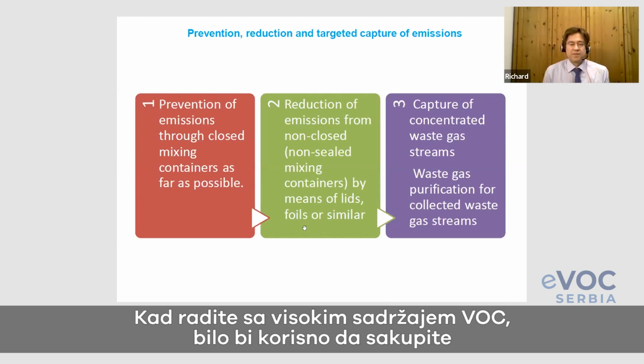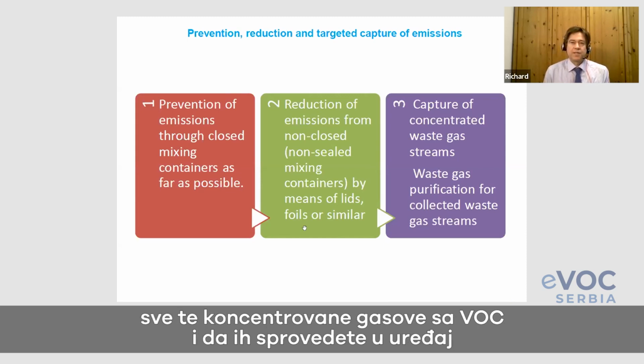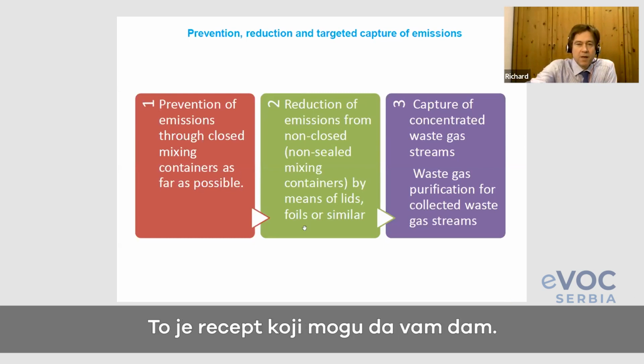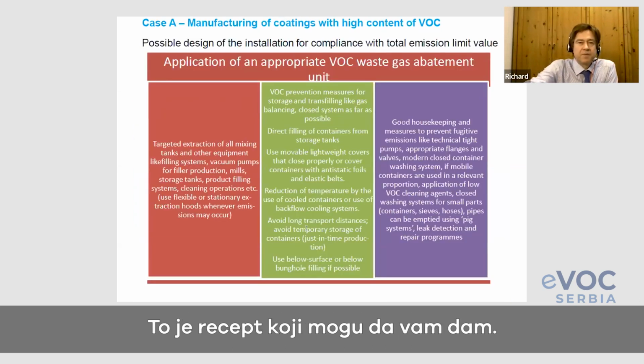When you work with high VOC content, it could be useful if you capture all of the concentrated waste gases with VOC and you feed them to a waste gas abatement unit. There can be different waste gas abatement applicable. So that is maybe the recipe I can give you.